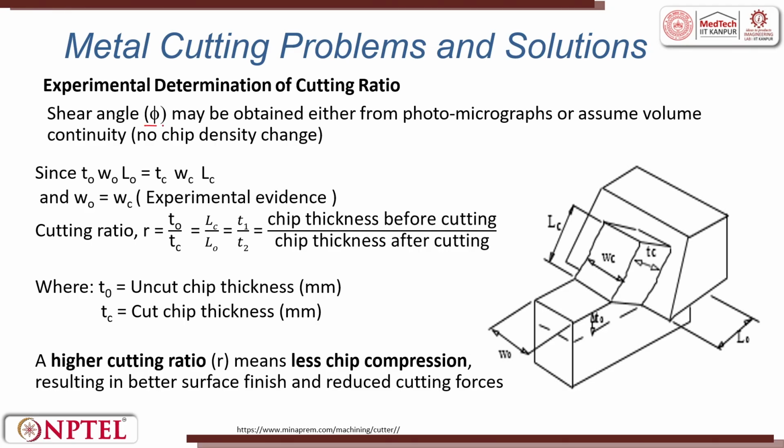Shear angle may be obtained either from the photomicrographs or by assuming volume continuity, that is no chip density change. If it is considered that chip density remains the same, that means the volume also remains the same.